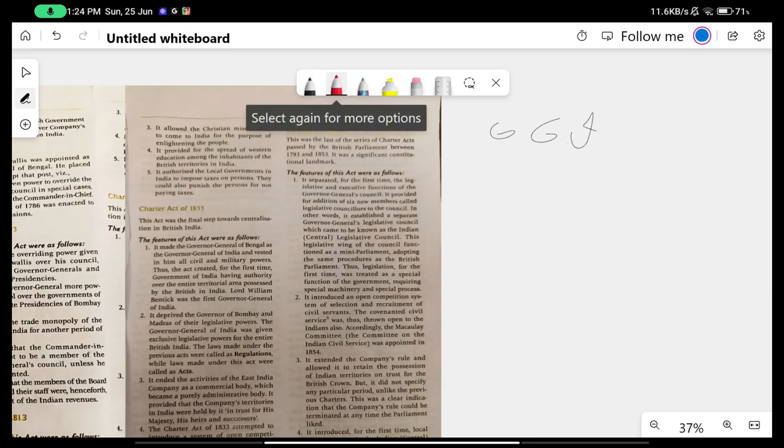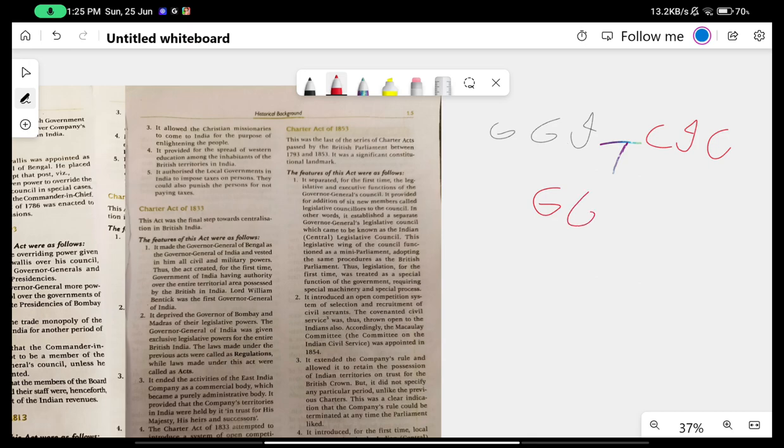And then there was this Commander in Chief, who had all the military powers. Now they combined them both into one single post known as the Governor General of India.